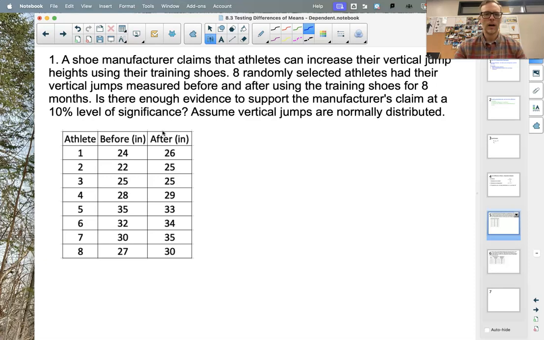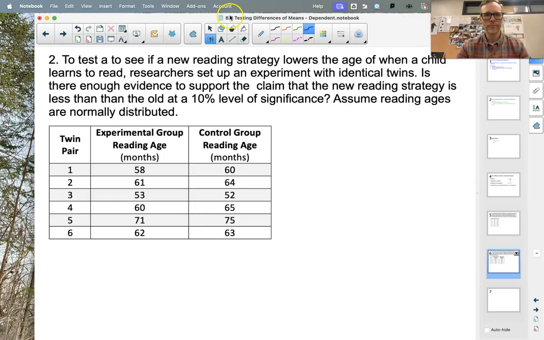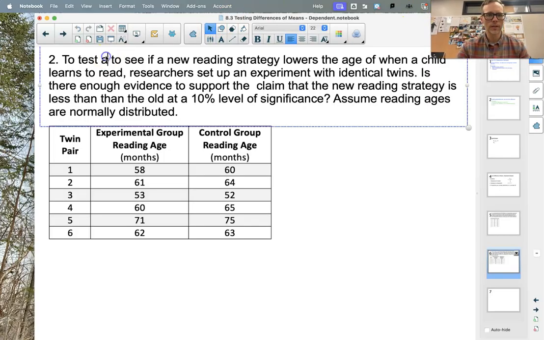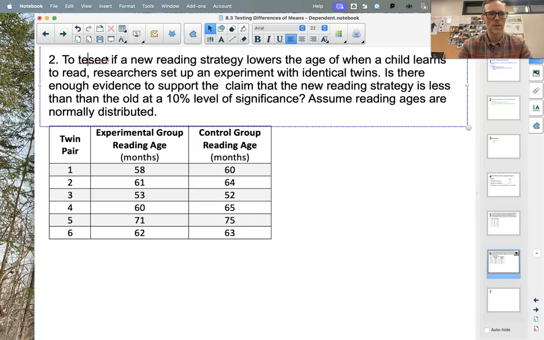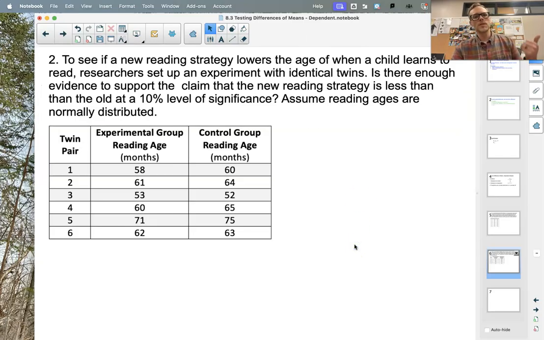The second example that we're going to look at is, to see if a new reading strategy lowers the age of when a child learns to read, researchers set up an experiment.